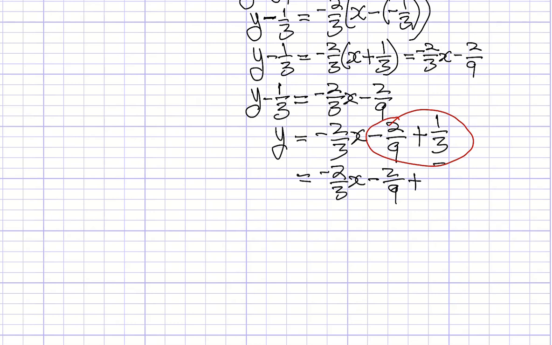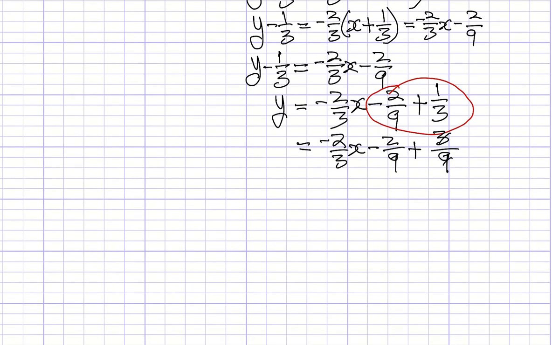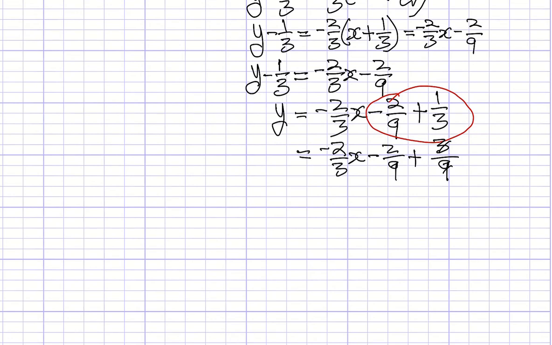We get 3 over 9. See, we didn't change anything, because if we cross out, you get 1 over 3. So what we'll have there is 3 over 9. We'll keep going, minus 2 over 3 x, and we'll combine those two fractions. We'll get plus 5 over 9.